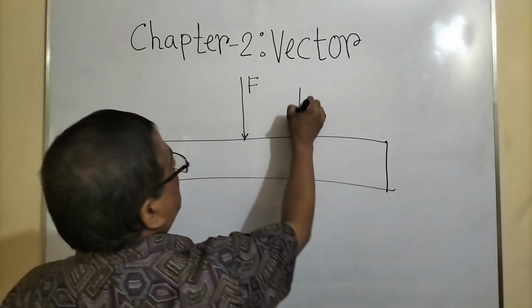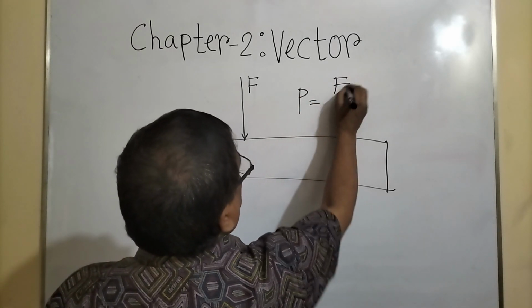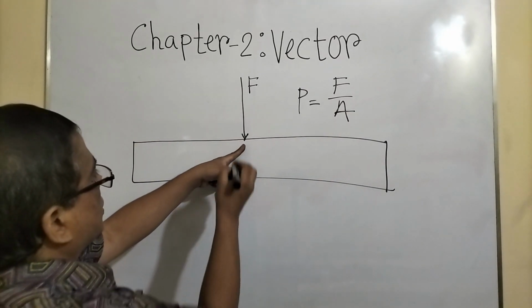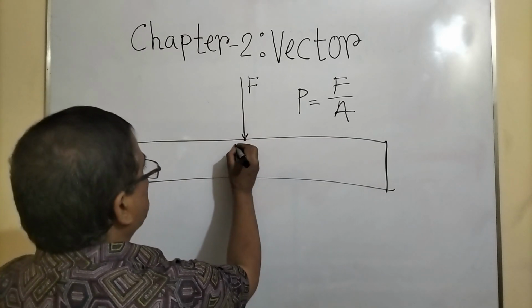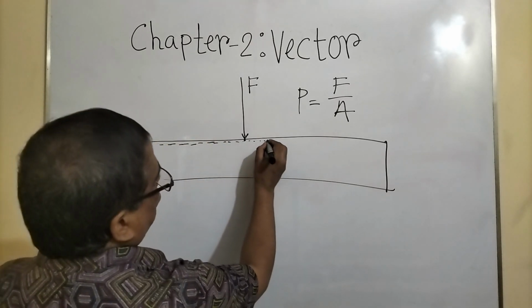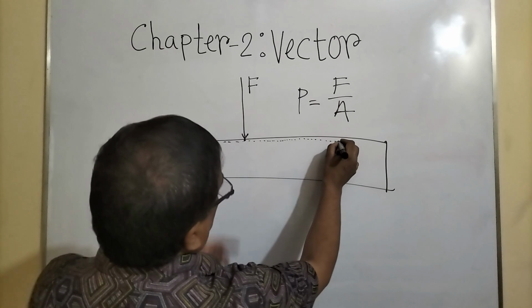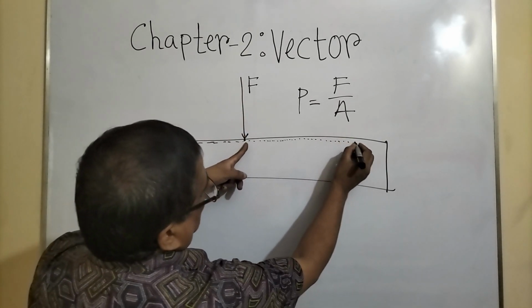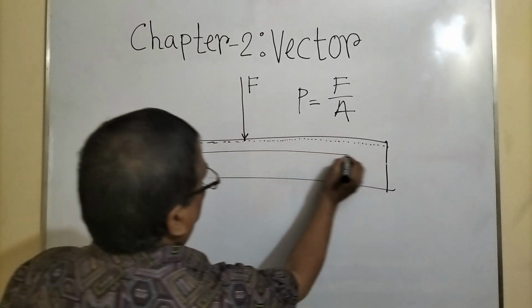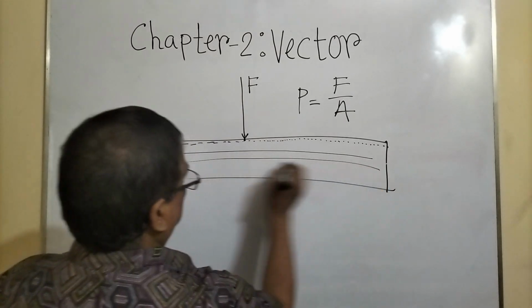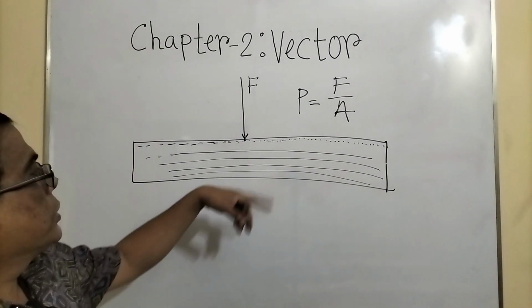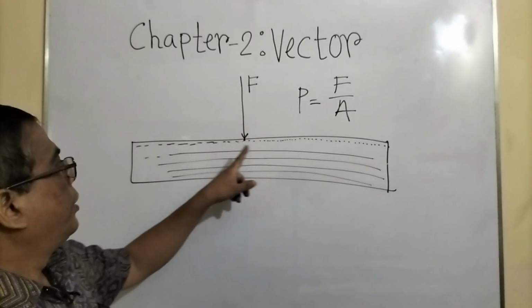As a result, pressure is developed, P equal to F divided by A. In this case, the magnitude of pressure decreases gradually from the line of action of force, and also the magnitude of pressure is decreasing layer to layer, and the directions of the acting pressure may be different.